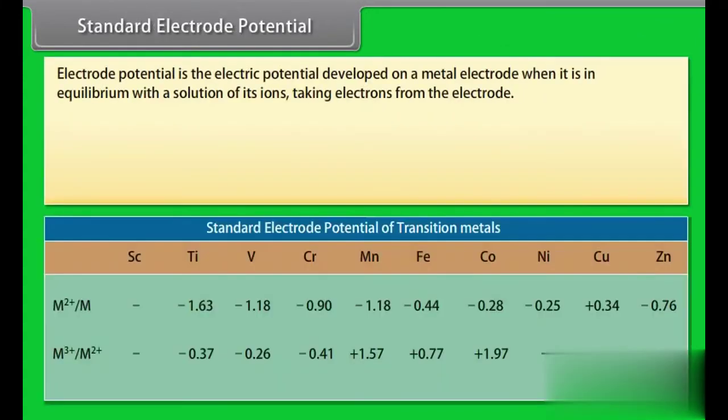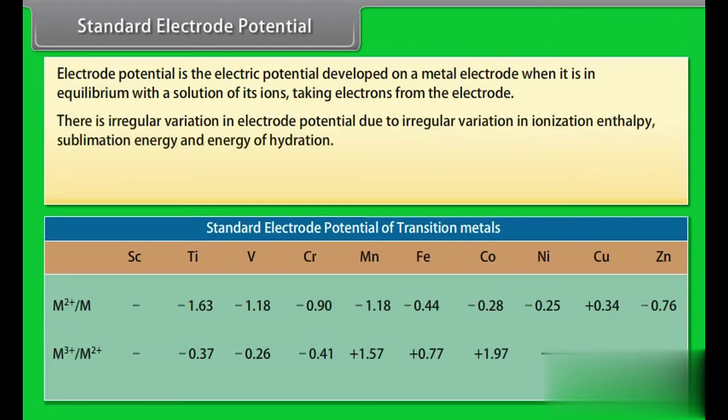Standard electrode potential. Electrode potential is the electric potential developed on a metal electrode when it is in equilibrium with a solution of its ions taking electrons from the electrode. There is irregular variation in electrode potential due to irregular variation in ionization enthalpy, sublimation energy, and energy of hydration.